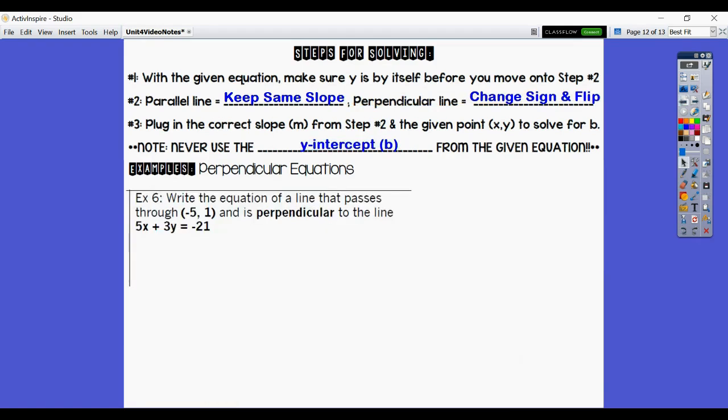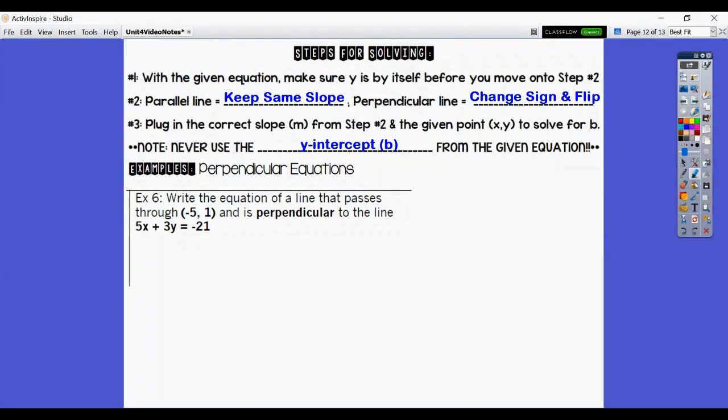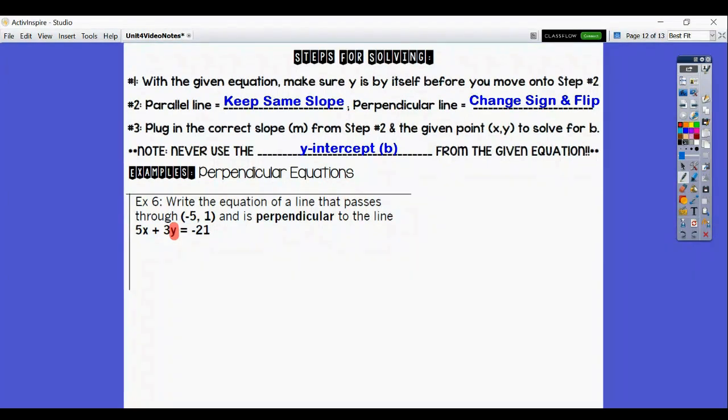For example 6, we want to write the equation of a line that passes through (-5, 1) and is perpendicular to the line 5x plus 3y equals -21. Right away, let's start with step number 1 to make sure that y is by itself. For this equation, it is not, so we have to go ahead and get it by itself here.